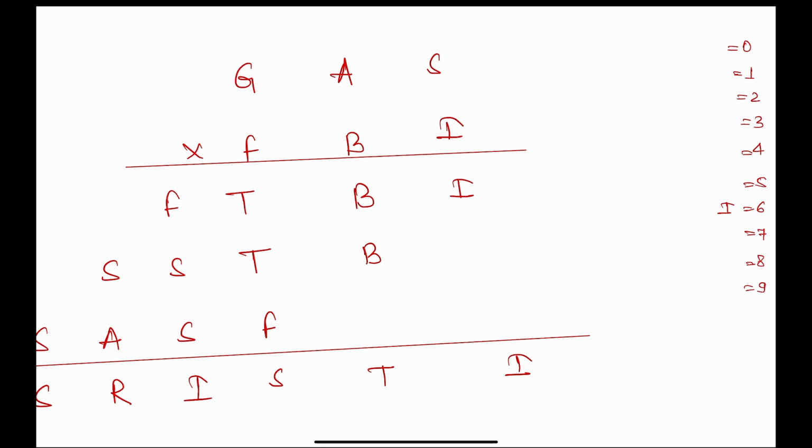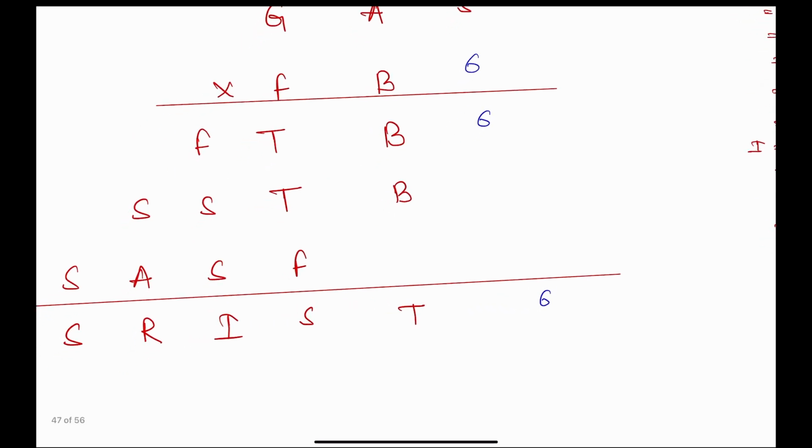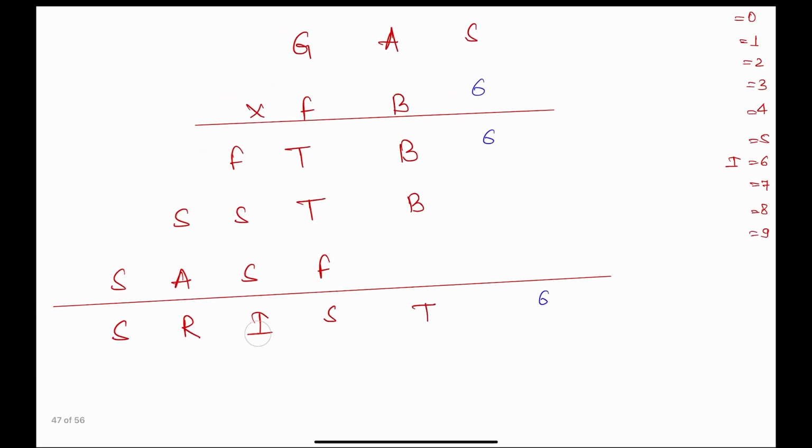So if I is given in the question, what we need to do is, let's just replace it. Let's replace with 6. Wherever it's I, let's replace with 6. Okay, so this is done.